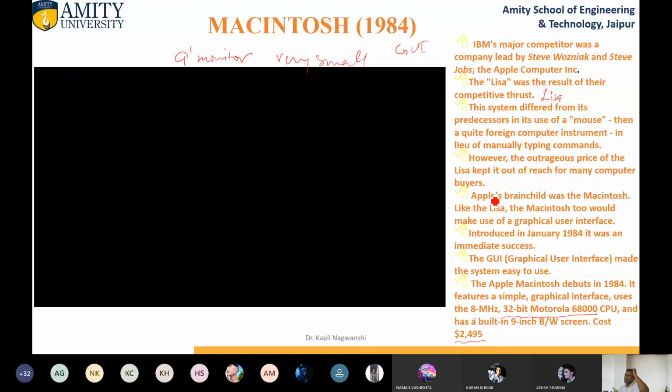Because of Apple, I don't know what the reason is, the same thing is there, the same operating system, the same type of commands, but their prices are almost double. Apple's brainchild hardware was the Macintosh. Yes, hardware is also the same.